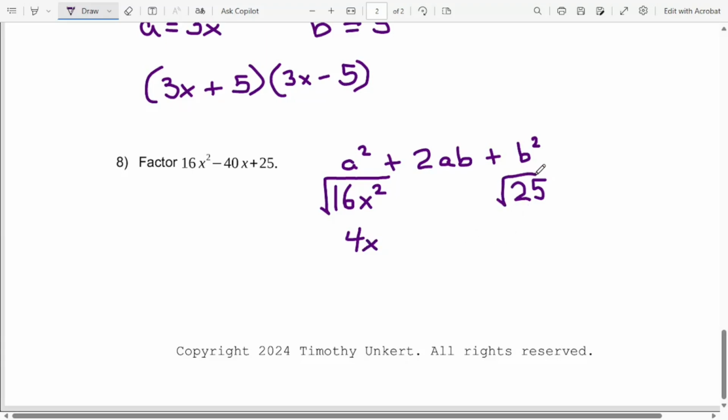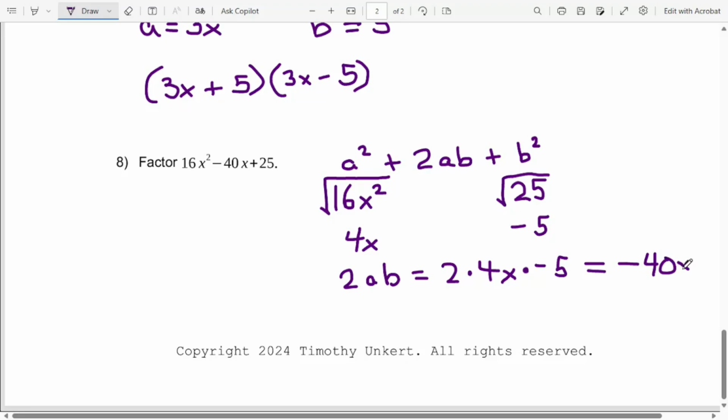Again, we're going to take the negative square root of 25, so we're going to say negative 5 here. 2ab is going to be 2 times 4x times negative 5. So that's going to be 8x times negative 5. That's going to be negative 40x. So this is a perfect square trinomial.